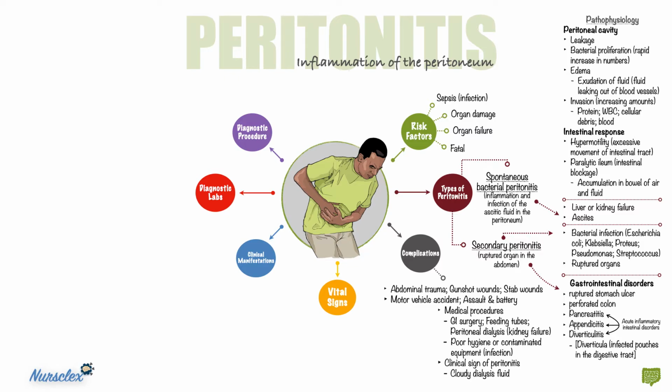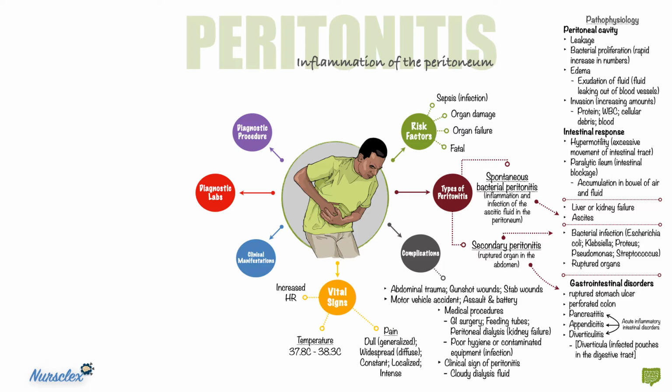The clinical sign of peritonitis for peritoneal dialysis patients is cloudy dialysis fluid. The vital signs for the patient will consist of a high temperature between 37.8 to 38.3 Celsius, and an increased heart rate. The patient will be in much pain, guarding the abdomen.